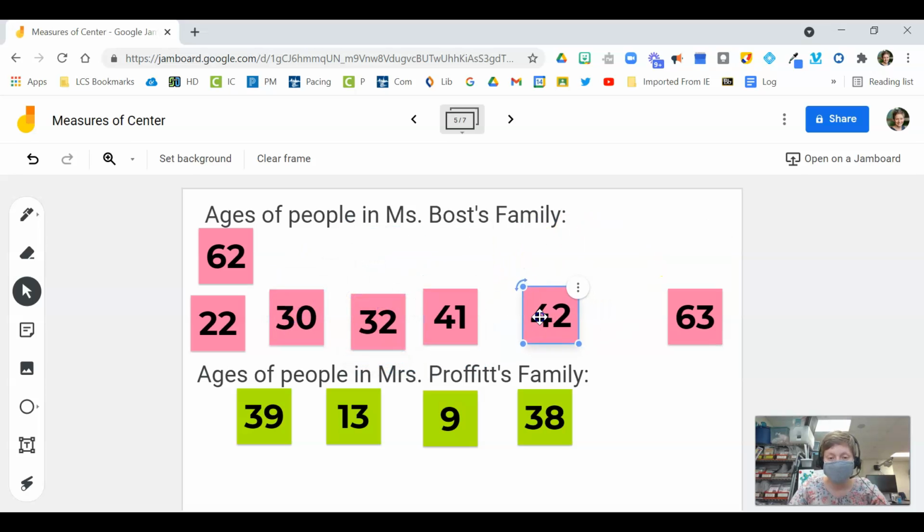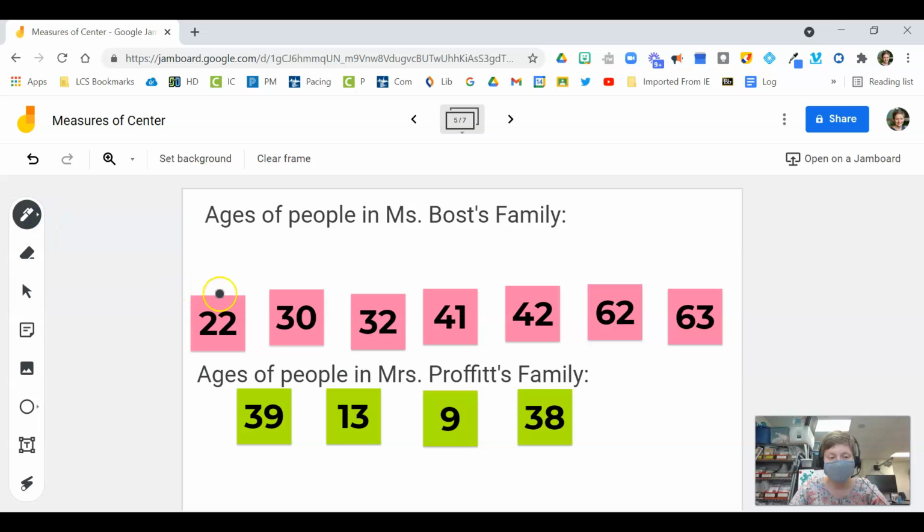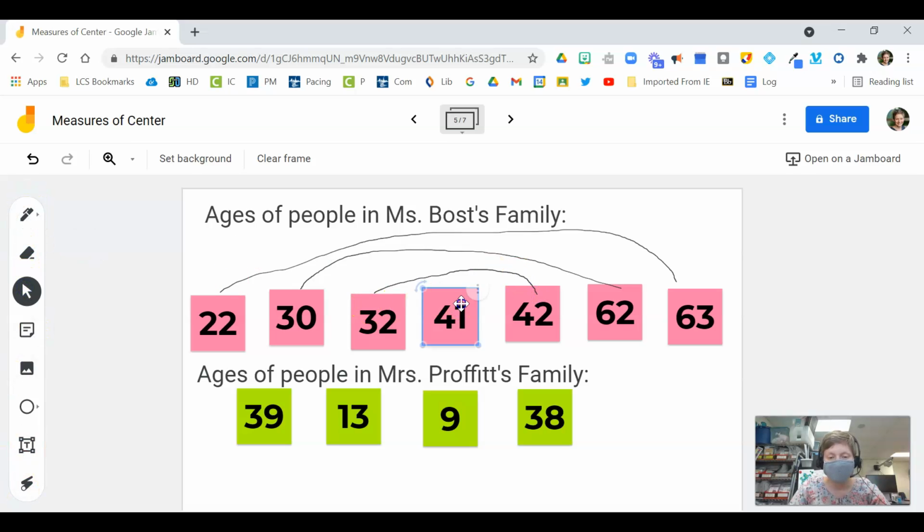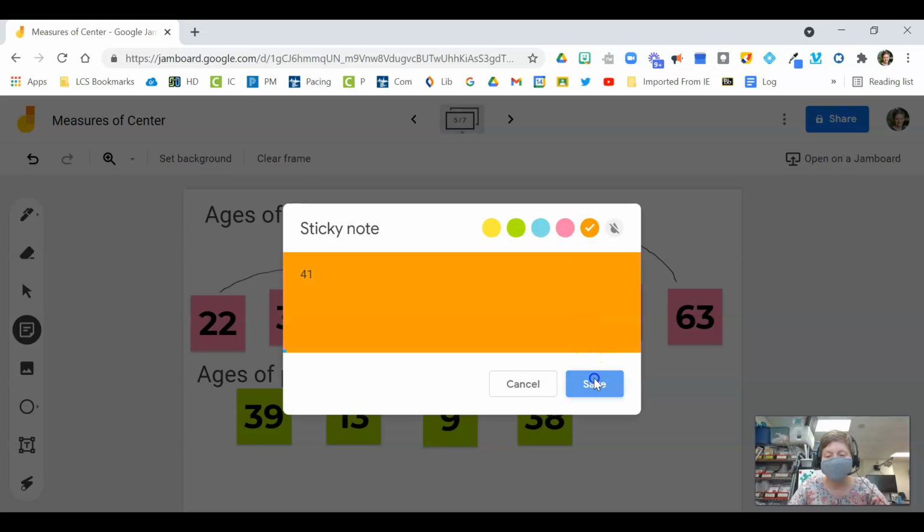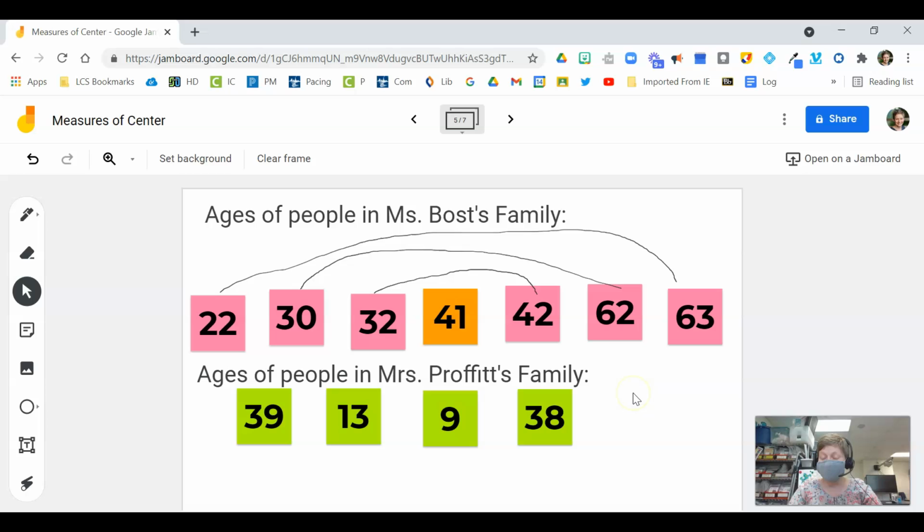And then remember, it's helpful if you want to find the middle to do that matching up from end to end. So let's match these 2, these 2, these 2. There it is right there in the middle. We have 1 number left. That 41 is the median age of Miss Bost's family. So her family is about 41 years old.